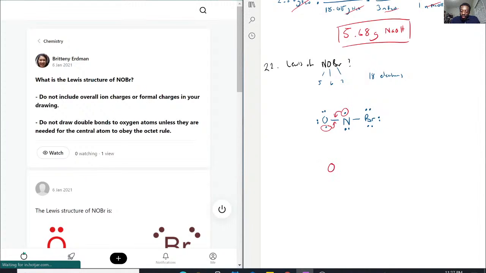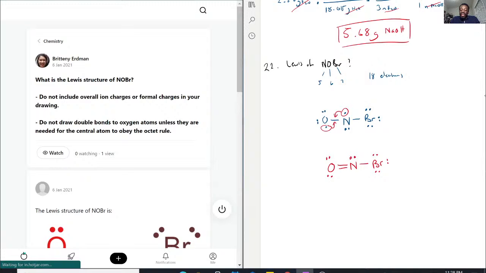So now what we have is this. A double bond was made, and now everything should follow the octet rule. I almost blanked out because the oxygen almost looked for a second like it wasn't.